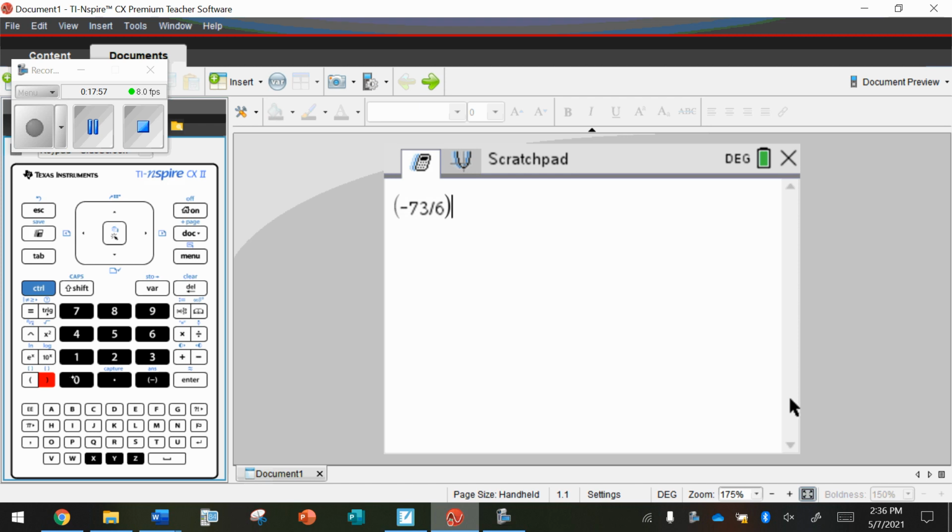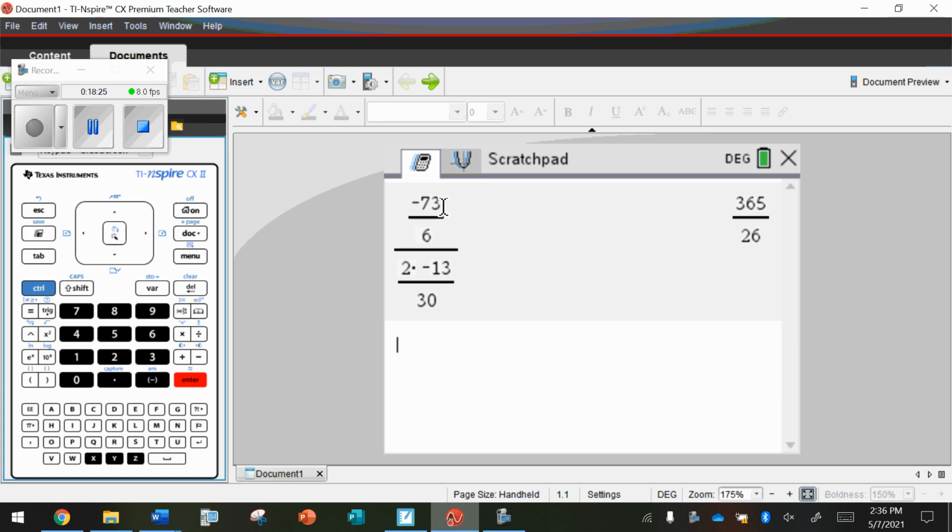So put parentheses around it. Divided by parentheses 2 times negative 31/30. Typing that in, then hit enter. And what your screen should show you on your calculator is we have the numerator of negative 73/6.